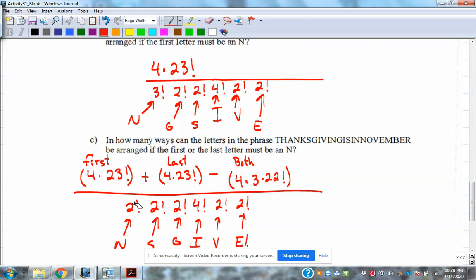Why did I change this to 2 factorial? Because we're using 2 of the N's there, front or back. And again, it's set up, not calculation. Your calculator is going to deal with some overflow issues if you try to work that out.